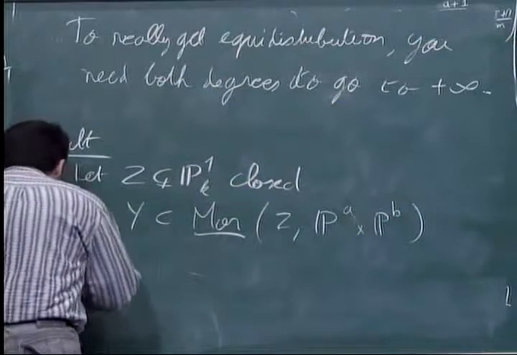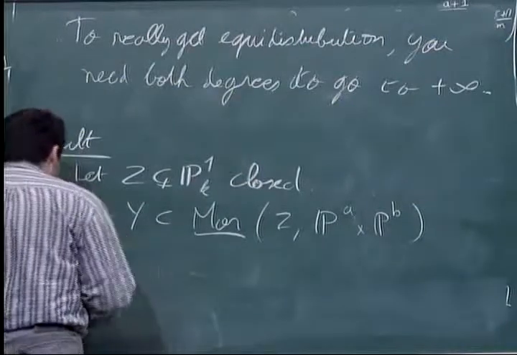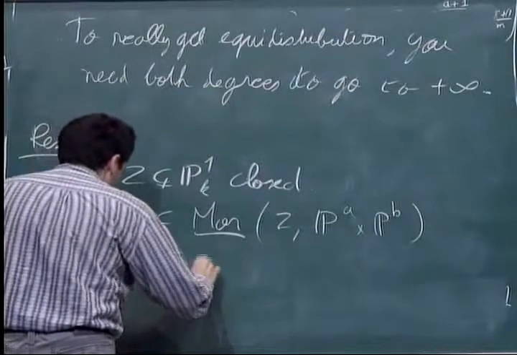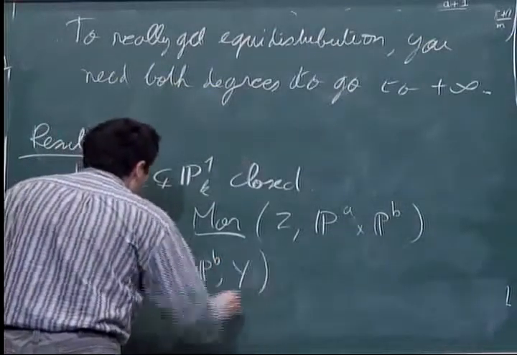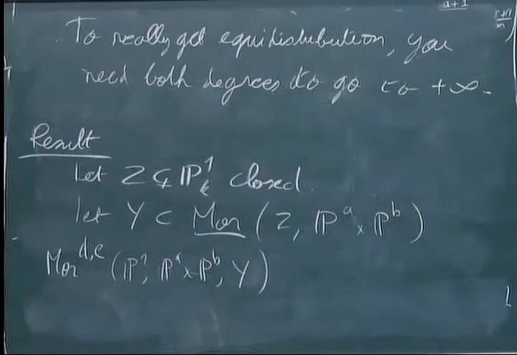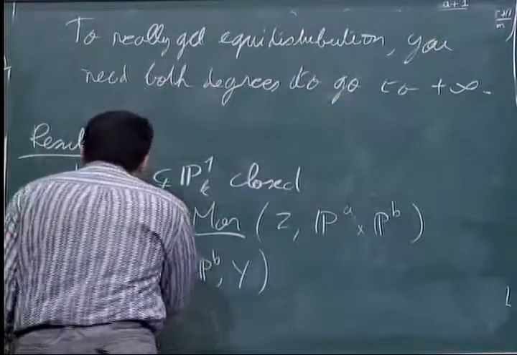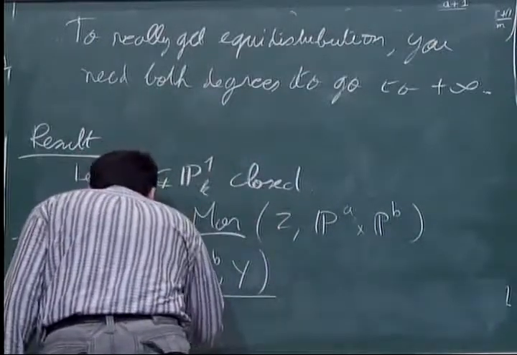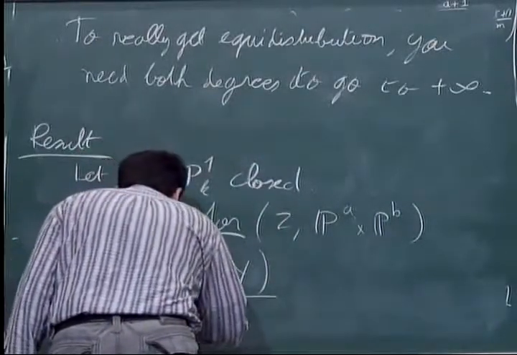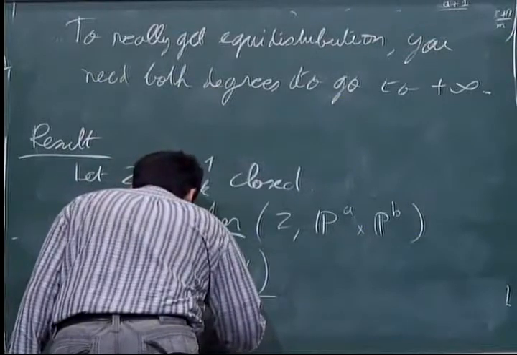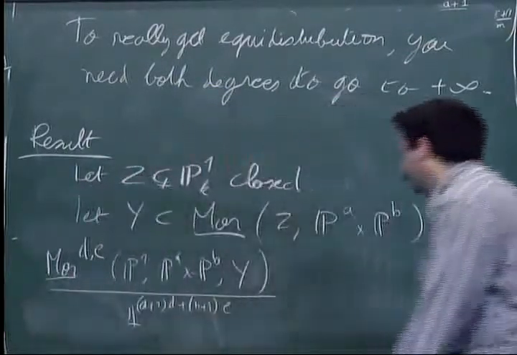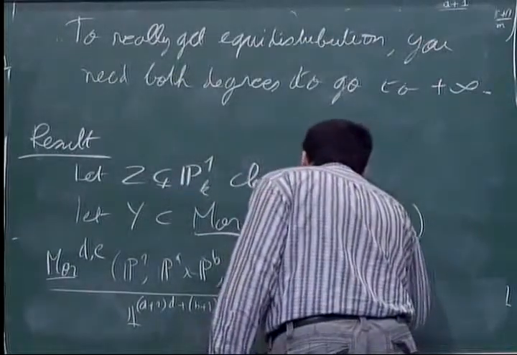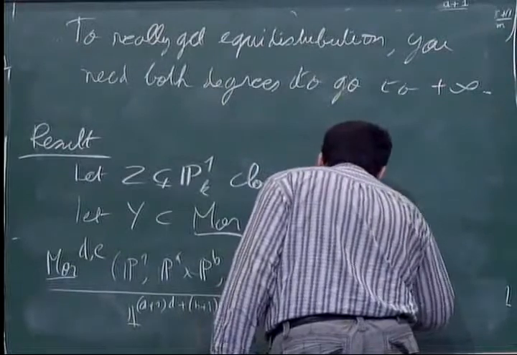And let's consider the morphisms of B degree D and E from P1 to PA times PB, such that the restriction to Z belongs to Y. Let's divide this by L to the power (A plus 1) times D plus (B plus 1) times E. And let's multiply this by the space of morphisms from Z to PA times PB.